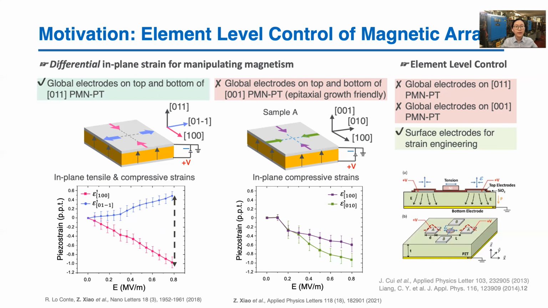So the next part is that we want to achieve element level control, and we noticed that global electrodes would not work. So some options that have been developed by our research center is to use the surface electrodes for strain engineering. So previously, Ji Cui has proposed work of using those patterned electrodes on PMN-PT, and this will generate in-plane differential strain.